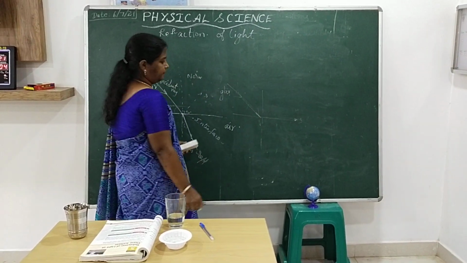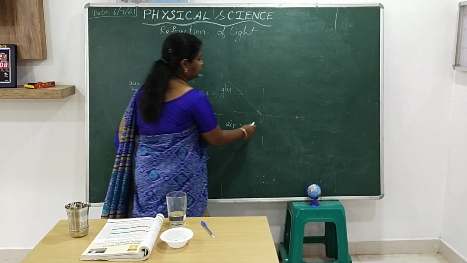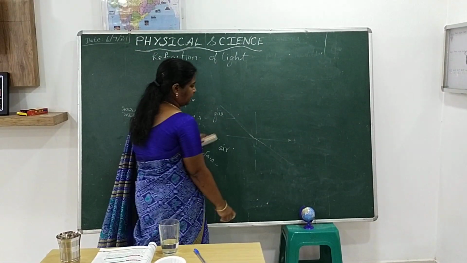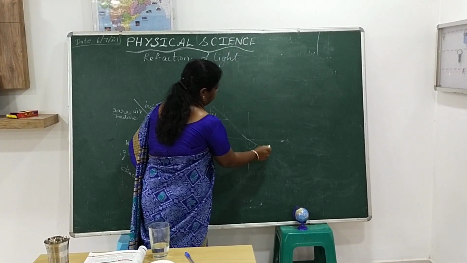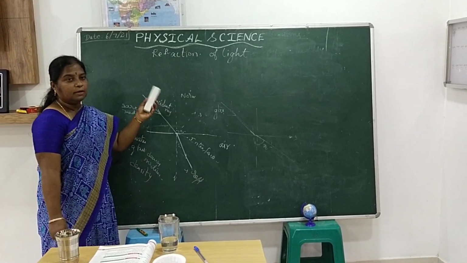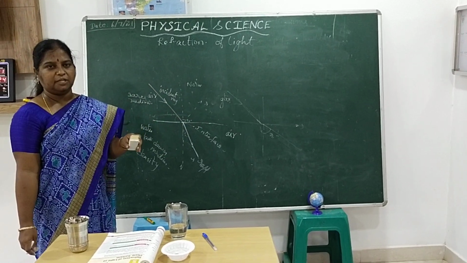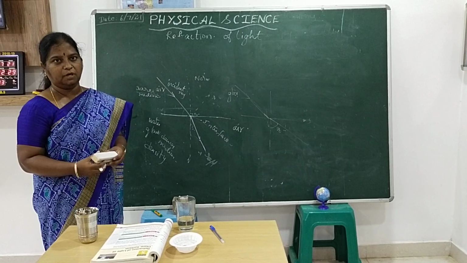What happens here? It moves away from the normal. It takes a large angle of around 70 degrees and moves away from the normal. That means when a light ray passes from a denser medium to a rarer medium, the refracted ray moves away from the normal.